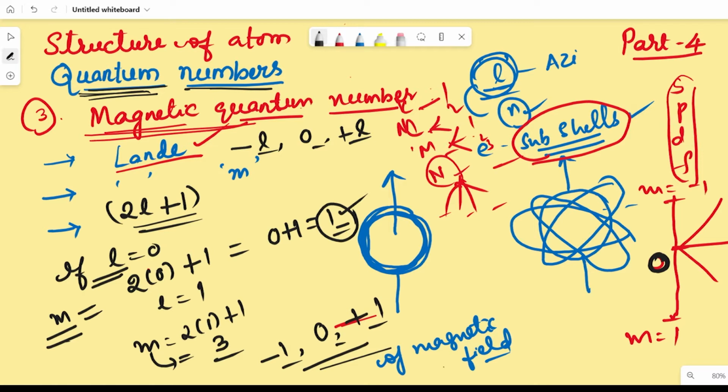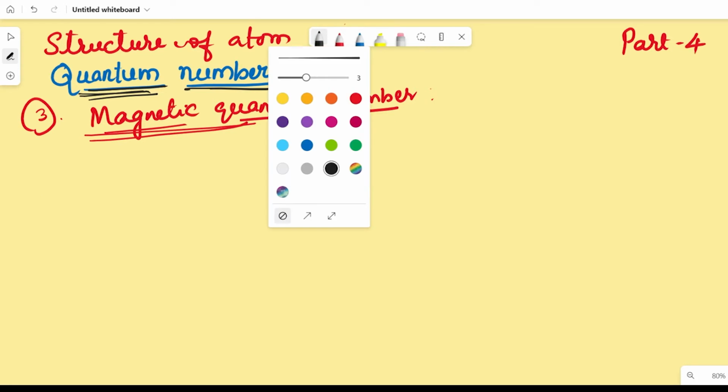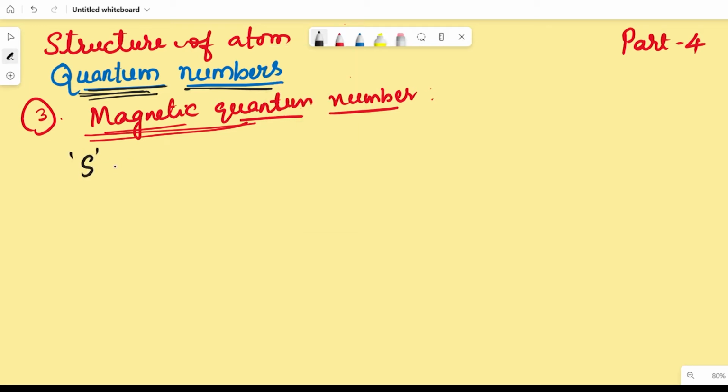Don't get confused here. I will explain once again clearly. Now I will explain the shapes of orbitals. Here I am explaining four orbitals, their shapes and details.